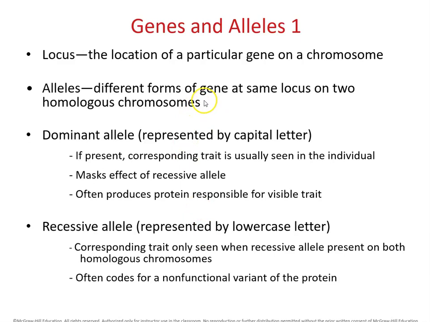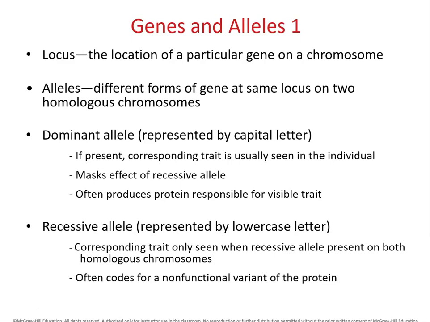Alleles are different forms of a gene. So we know that a gene is the sequence of DNA that can be undergoing transcription and then translation to make a given protein. So an allele is a different variation of that gene, of that DNA sequence. Now we have some alleles that are dominant.